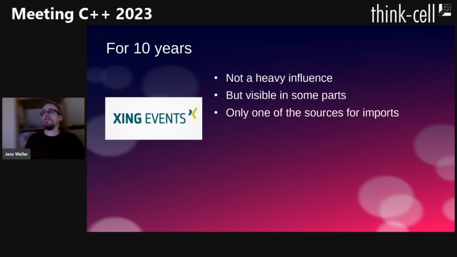Again, for 10 years I've been using Xing events, but it's not a heavy influence on the program, because already back then I was like, I don't want to rely on the ticket service 100%, and I don't want to rewrite all my code if I need to change it, which mostly has held up. But it's visible in some parts. Xing always has been only one of the sources for the import.